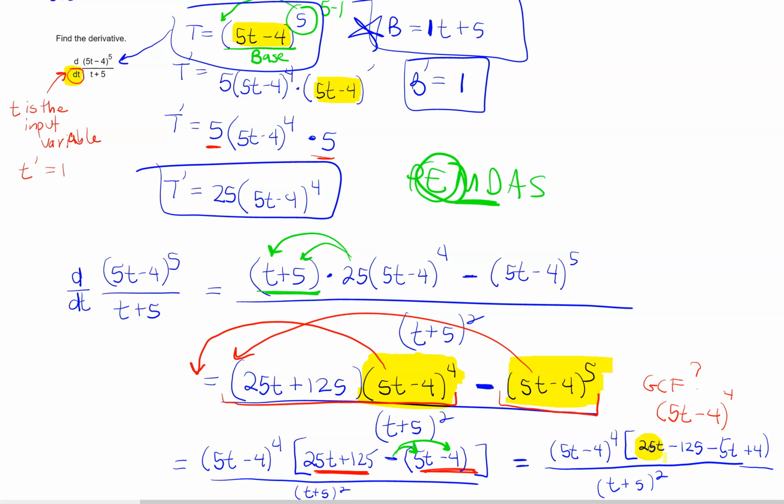If I have 25 t's and I subtract 5 of them, that's going to give me 20t overall. So let's go ahead and do that. I'm running out of space, so I'm trying to write this as compact as possible. So it ended up being a 20t.